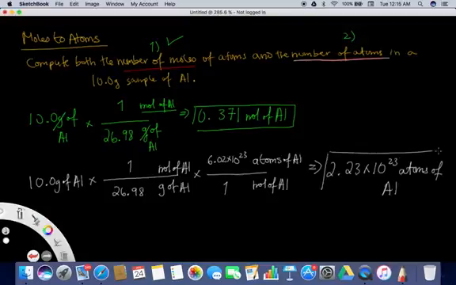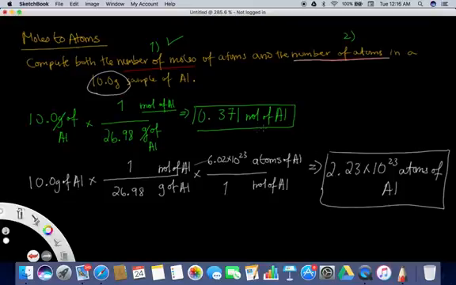And keep in mind, sig figs are very important when it comes to stoichiometry. Here they tell us it's a 10.0 gram sample of aluminum, 3 sig figs. So we know that both of our answers have to have 3 sig figs.